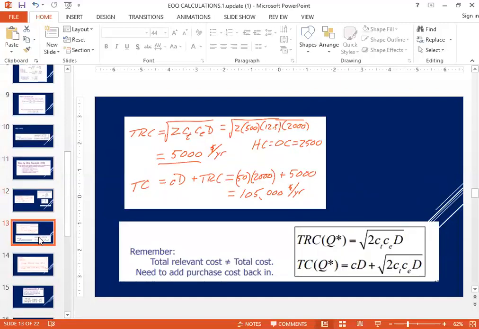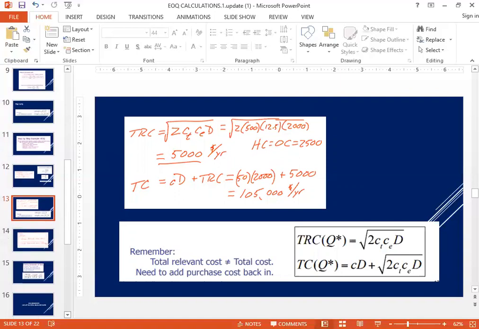Next, as far as calculating total relevant cost and total cost, again, I basically just plug it into the formulas. There are 2 sets of total relevant cost and total cost formulas. They should both work for you, and I would strongly suggest that you try them both out.